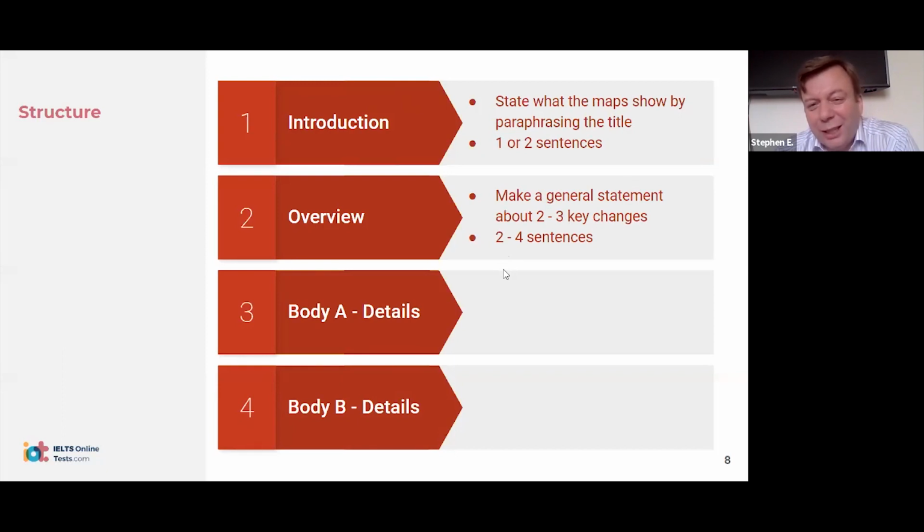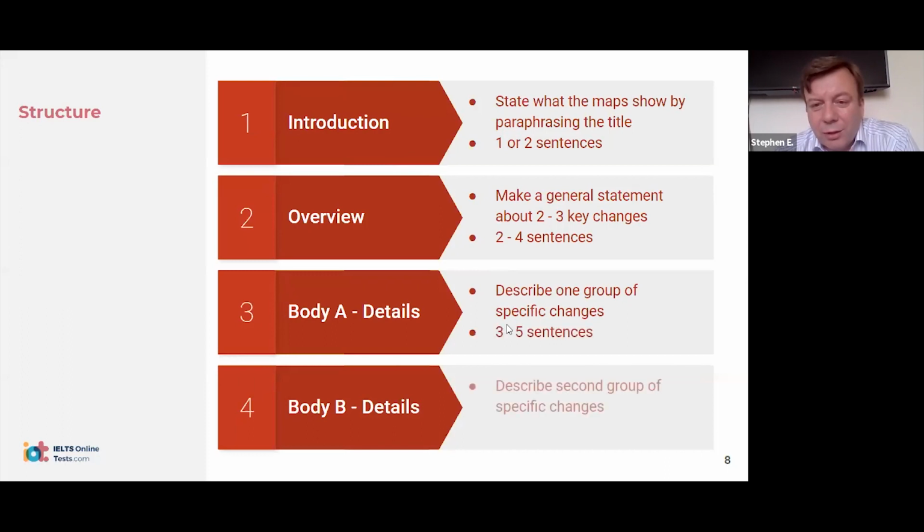So if you were writing this, how would you organize it? What would you put in body A? Okay, yeah. Okay, good. So one group of changes, good. 3 to 5 sentences.